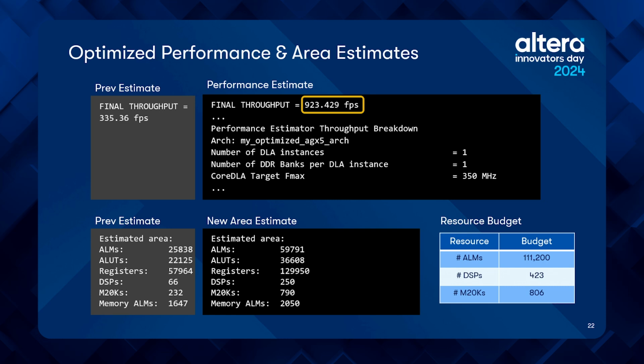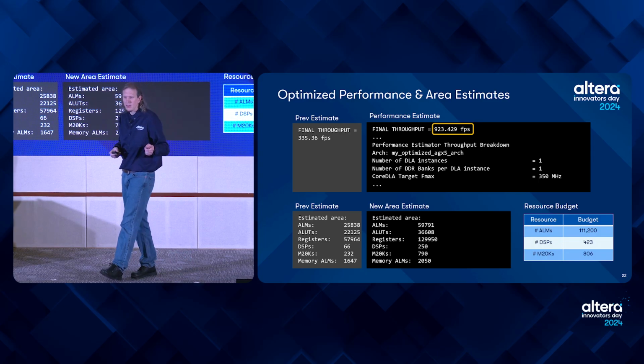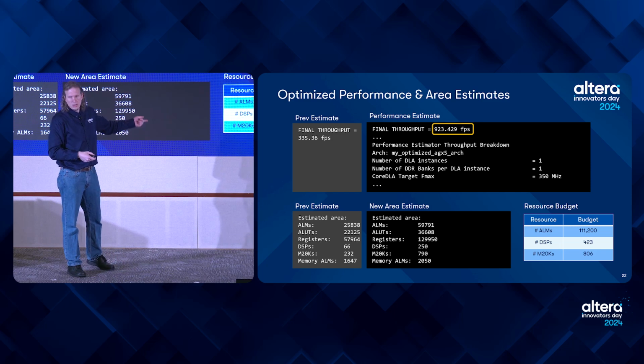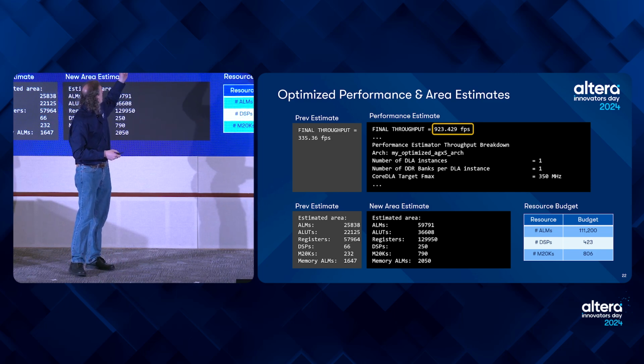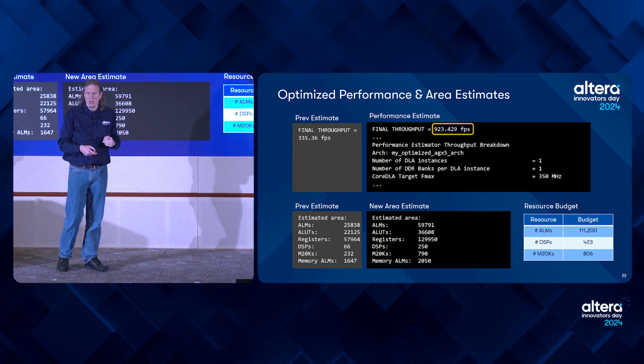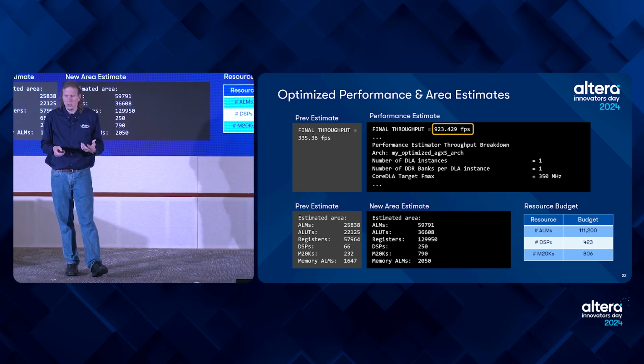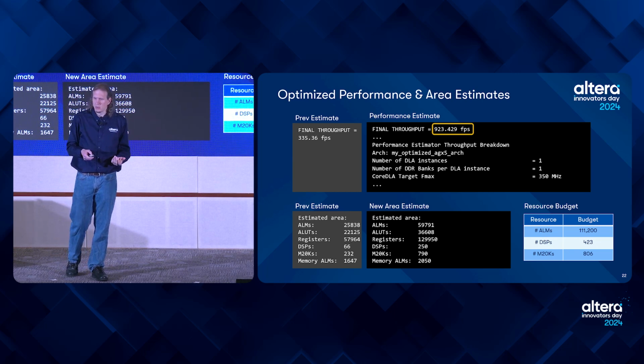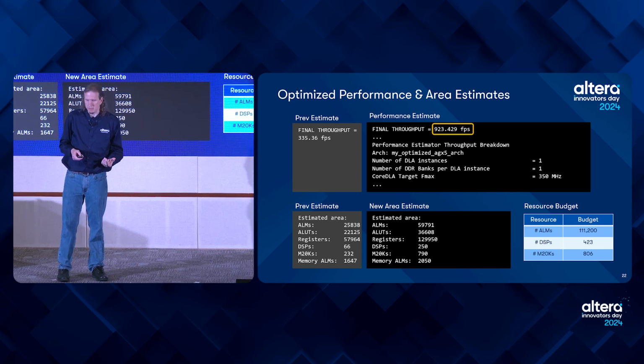Let's take a look at the new performance and area estimate. The left-hand side shows the previous estimate of 335 frames per second. And the right-hand side shows the new estimate from the optimized arch file, which is 923 frames per second. Of course, there is a cost to this increased performance, which is shown in the area estimate.